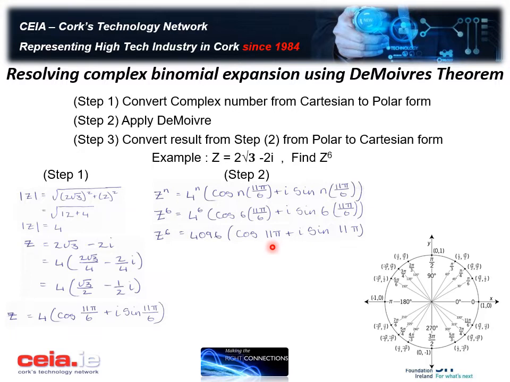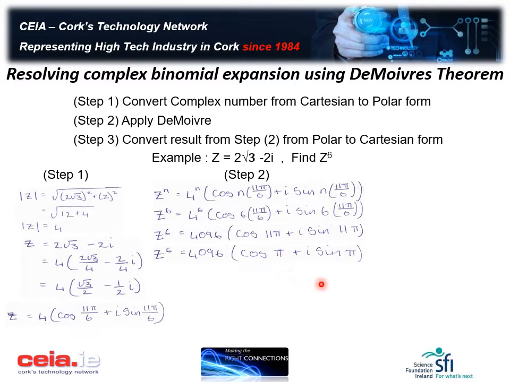So we can actually just strip out 10 pi, and it'll be the same value. Taking 10 pi out from 11 pi, we're left with just pi. Okay, so our answer from step 2 is 4096 open brackets cosine pi plus i sine pi.